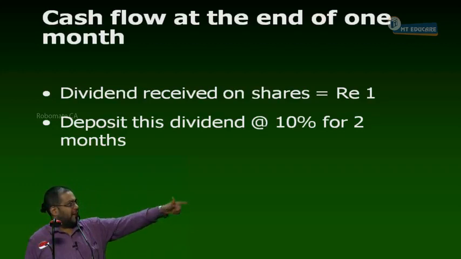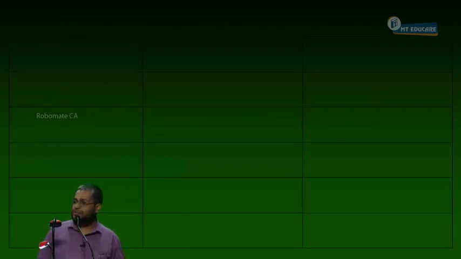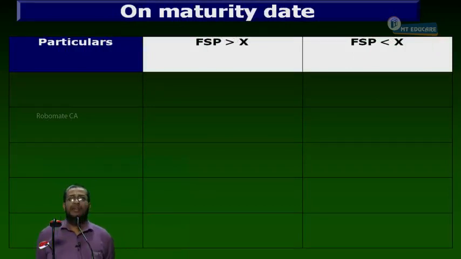I hope everybody has the clarity here. Can I proceed? Now let's go to the step which I have written on maturity date. Have the following columns. On maturity date, underline the 3 columns: Particulars, FSP greater than strike price, FSP less than strike price.